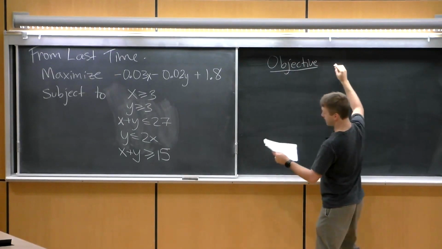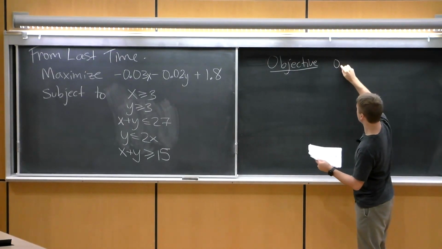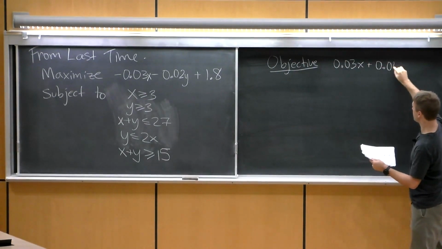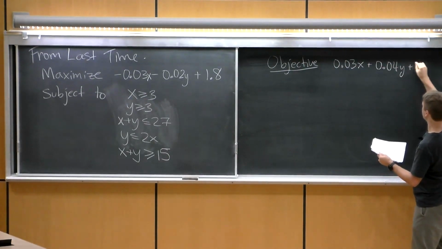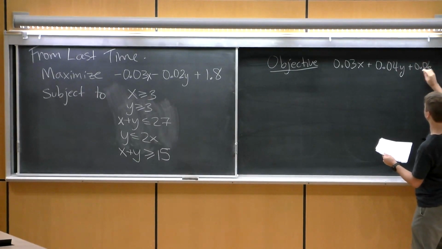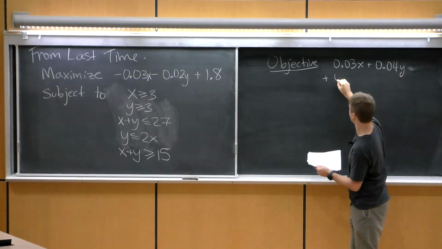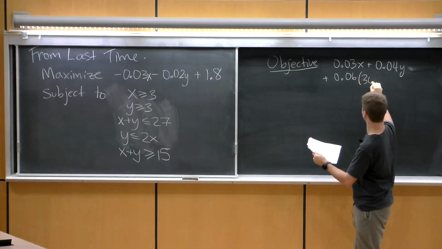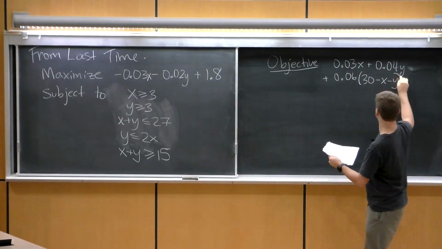Originally, our objective function was like 0.03x plus 0.04y plus 0.06. So if you look into your notes, this is what you'll see from Wednesday.